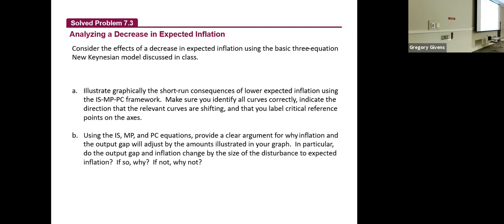Does inflation change by the full size of the shift? Or, as you might guess, are the output gap and inflation at least partially stabilized in response to a sudden decrease in expected inflation? I want you to work through the logic of the model, or the transmission mechanism, like we did in the last class.